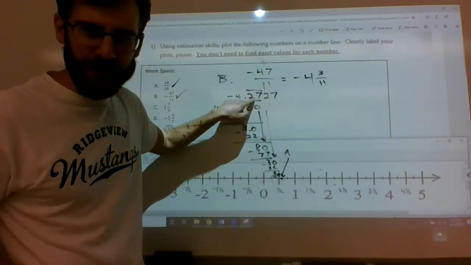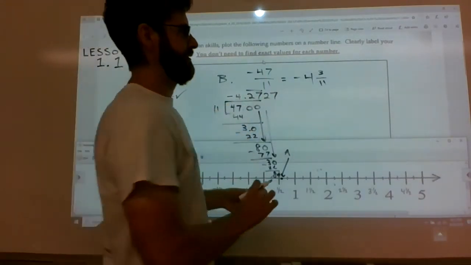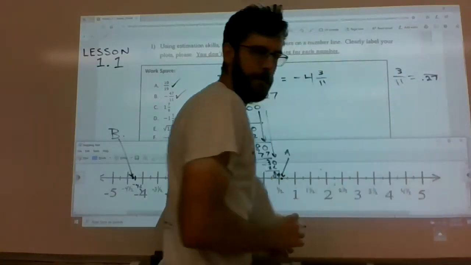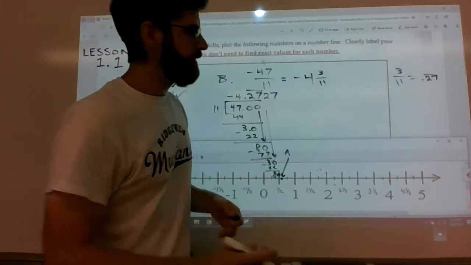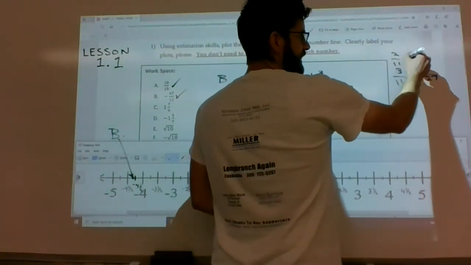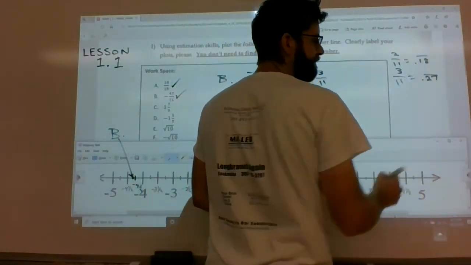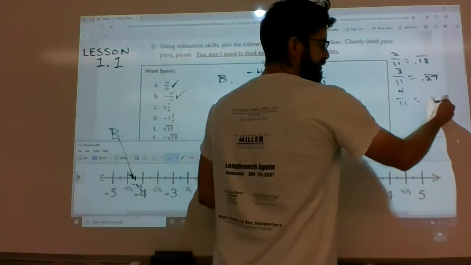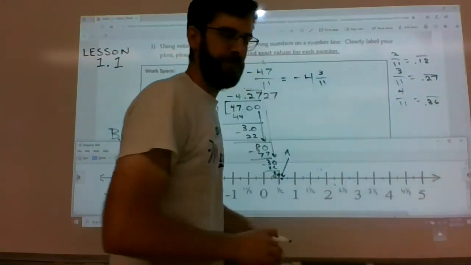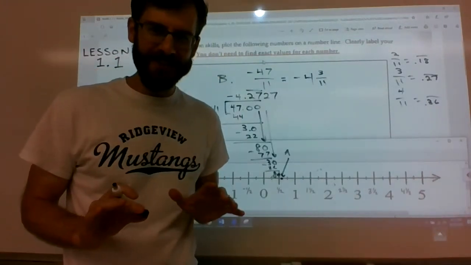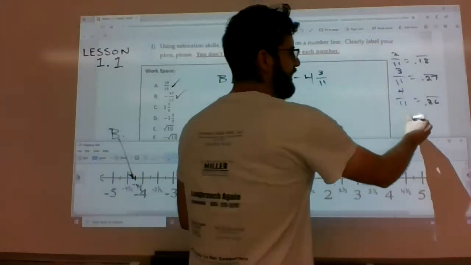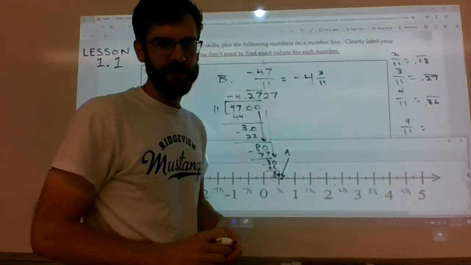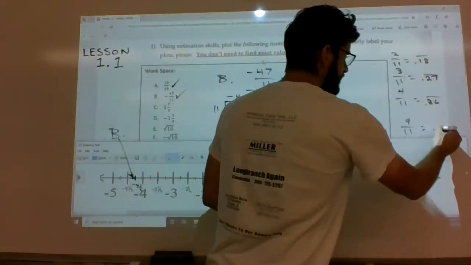See that 2, 7, 2, 7, 2, 7? Two 11ths is 1, 8, 1, 8, 1, 8. 4 11ths is 3, 6, 3, 6, 3, 6. Do you guys see any patterns here? What would 9 11ths be? It's 0.818181.